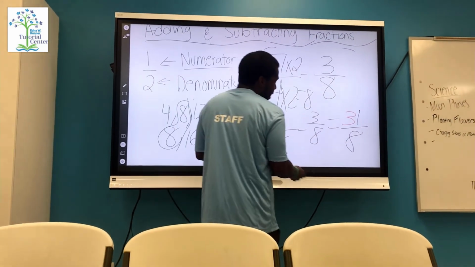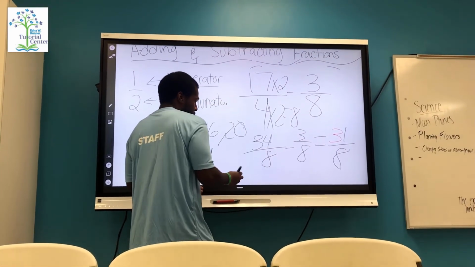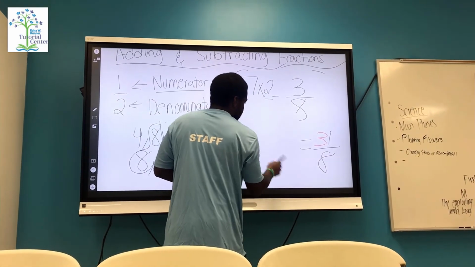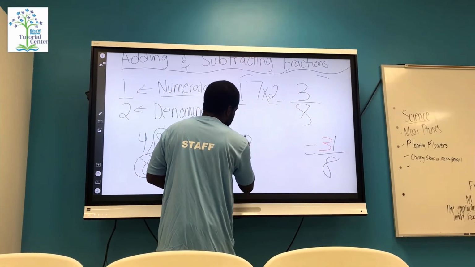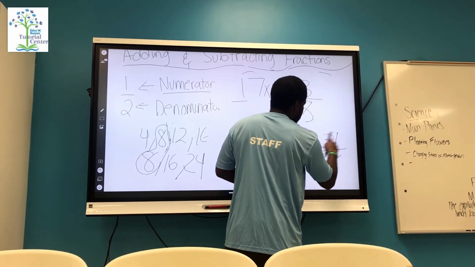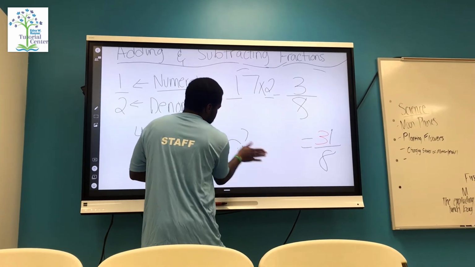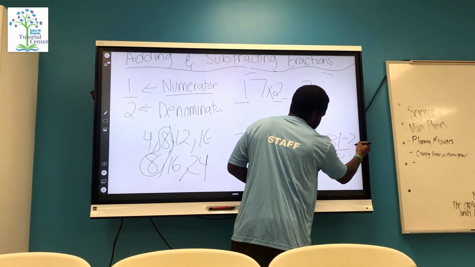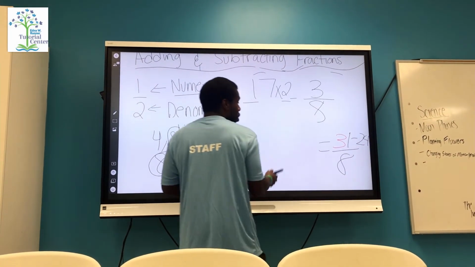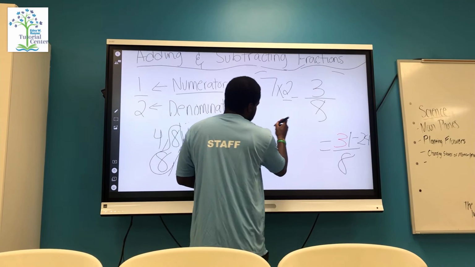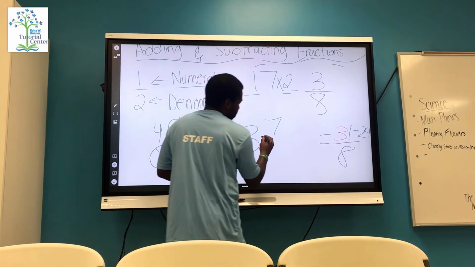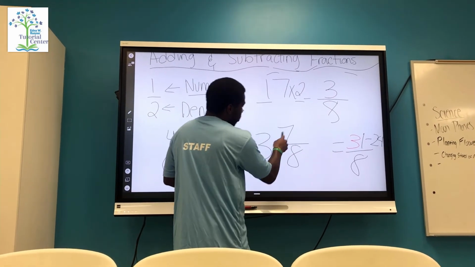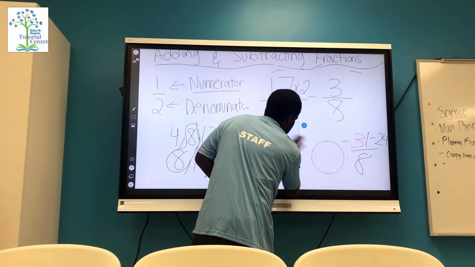If I wanted to simplify that, I know 8 goes into 31, no, it goes into it 3 times, and that would be 24, so what I can do is just do minus 24 right there. 31 minus 24 will leave me with 7, so my numerator would be 7, and the denominator would be 8. So my answer, if I was to simplify this, would be 3 and 7/8.